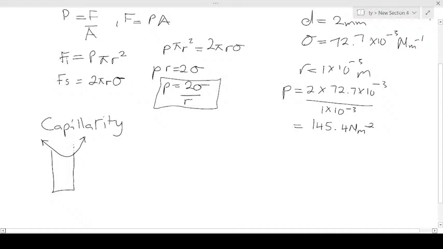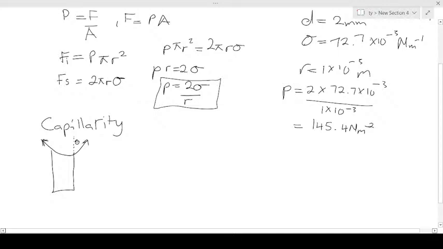And then if we look at this angle here, theta or phi, so it can be theta. Okay, let me just make it theta. So this angle here is theta, and this is the force that is coming from surface tension, right?